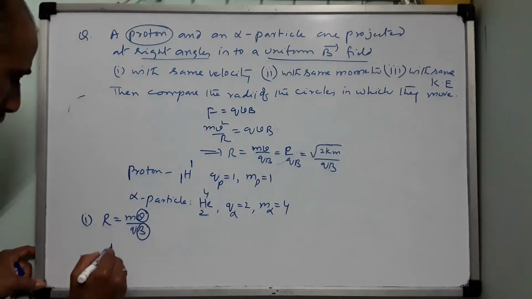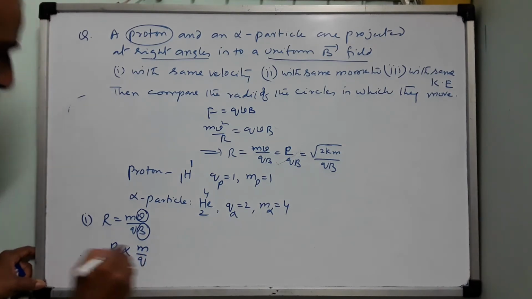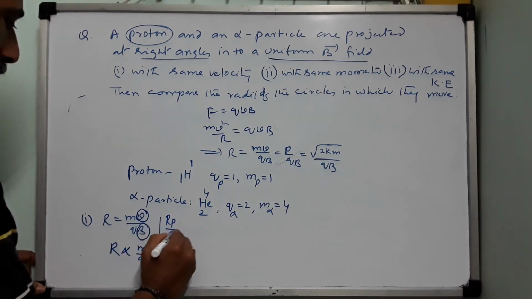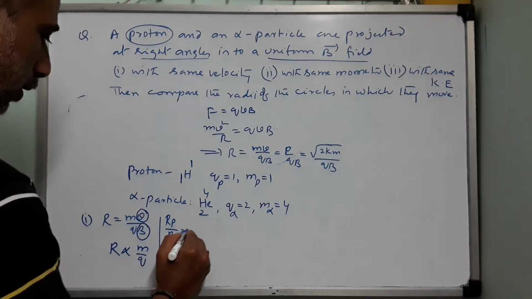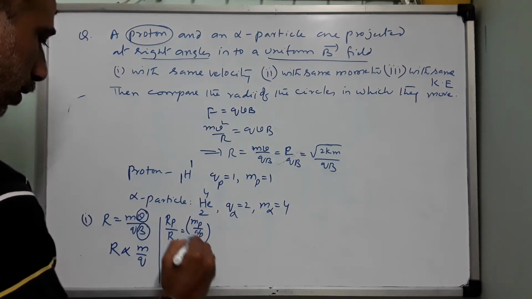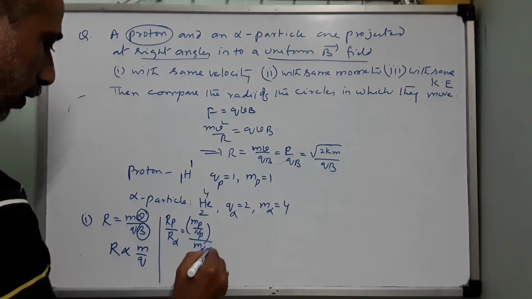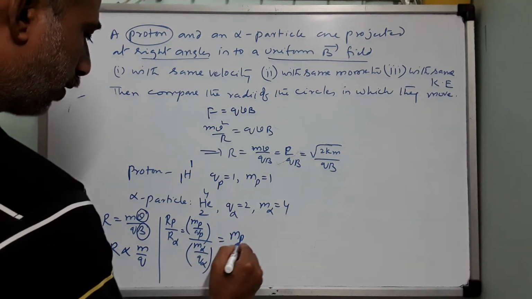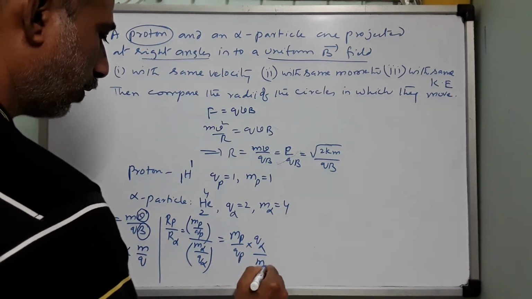So now I can write this equation mathematically: R is proportional to mass divided by charge. Now I am comparing for proton and alpha, writing the subscripts. So this will be mass of proton by charge of proton, whole divided by mass of alpha by charge of alpha. If you do the reciprocation of this, mp by qp into q alpha by m alpha.